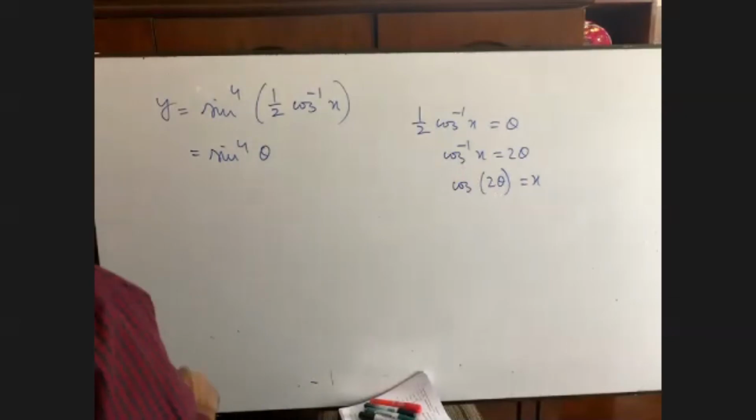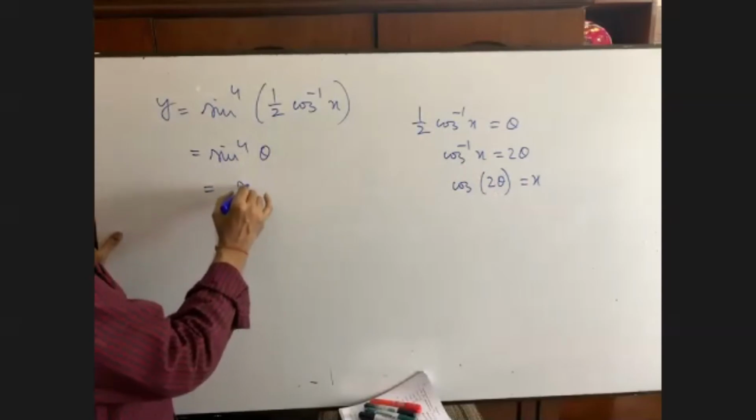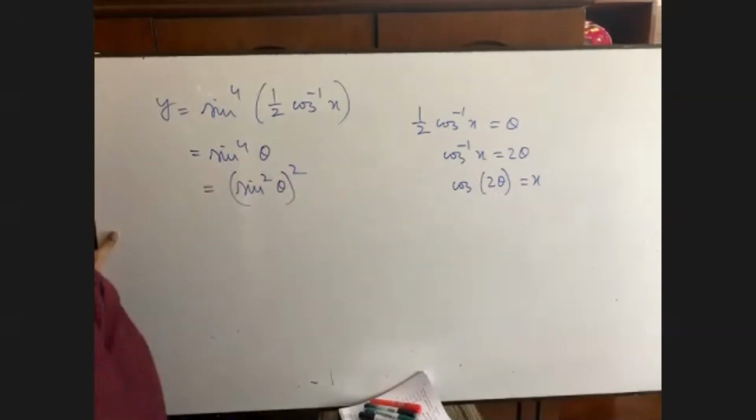Okay. Now you see sine 4 theta. What can be written here? Sine 4 theta means sine square theta whole square, is it?